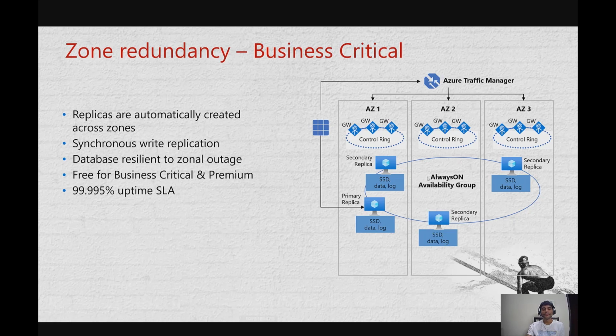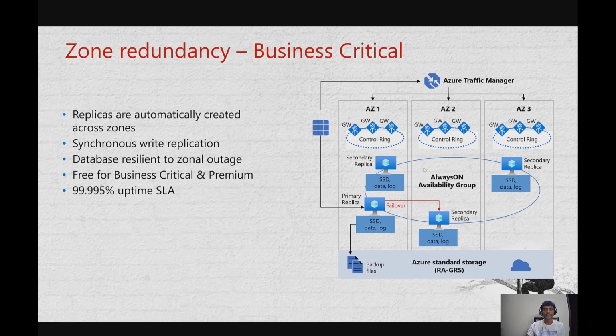So zone resiliency for the business critical tier is completely free. There's no additional cost for it, and it also gives you a higher SLA than the regular SQL database. We by default guarantee 99.99%, but for the zone redundant business critical service tier, we up the SLA to 99.995, which is again industry leading, if you will.